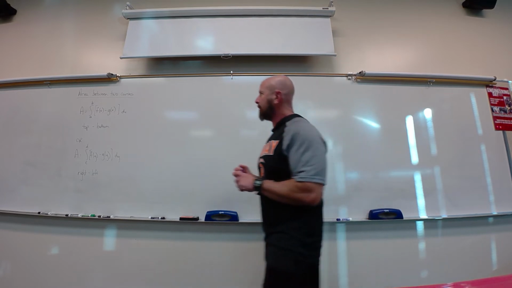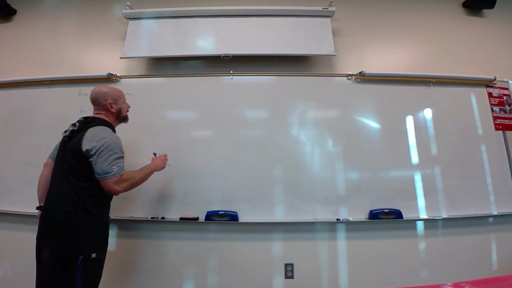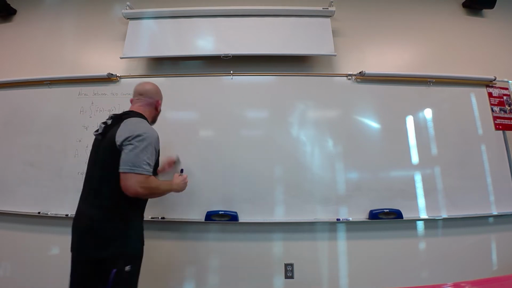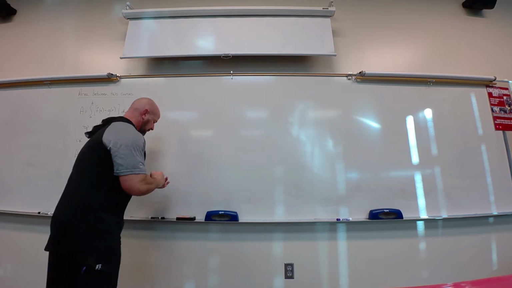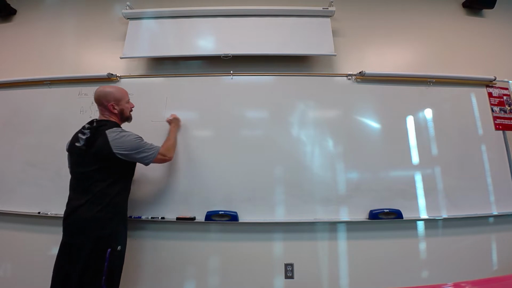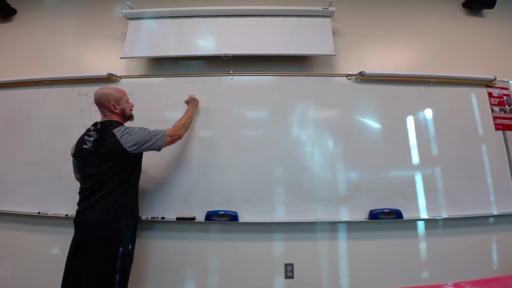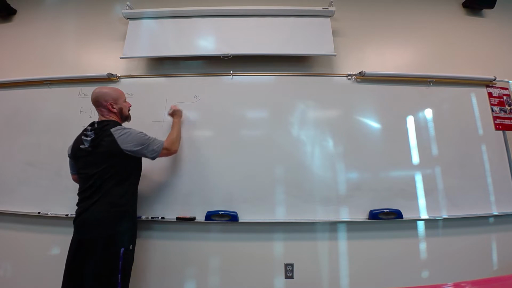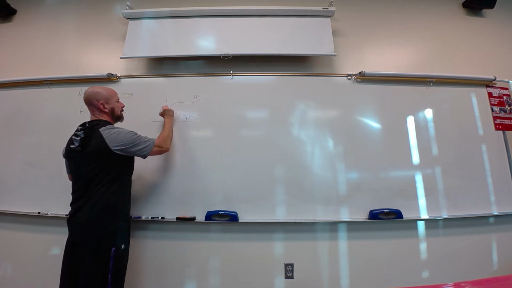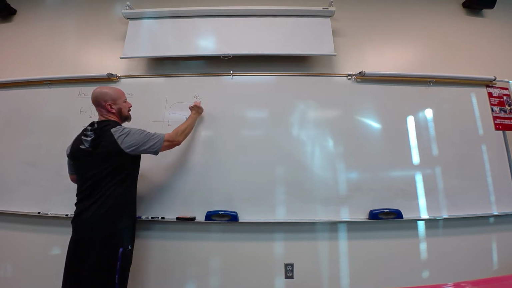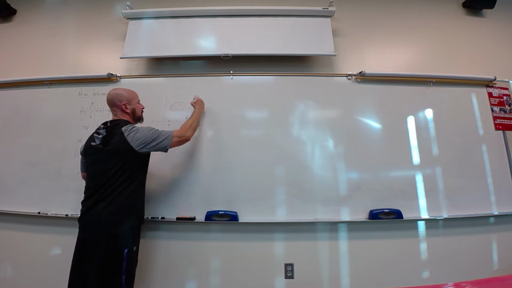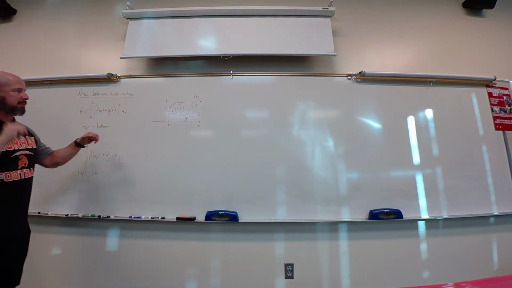I'm going to give you a few diagrams here. We're talking about an area between two curves. So let's see here, a little bit better marker. Let's say this is F and this is G. So here is A, here is B. If we're going to find this area between there, that's why I said top minus bottom.